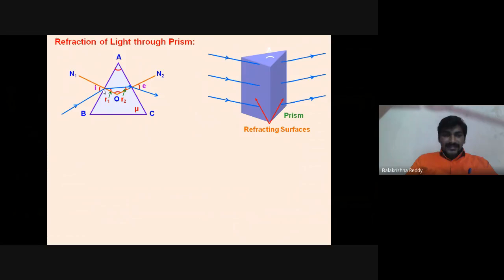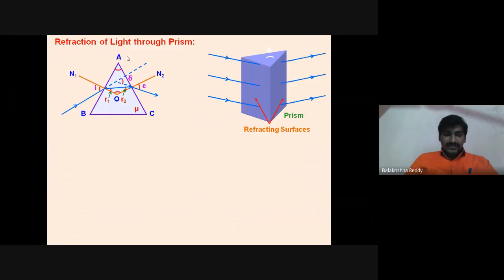And the emergent light ray, if you could expand it back, then a vertex will form between the extended incident light ray and the extended emergent light ray. That angle we call the angle of deviation.